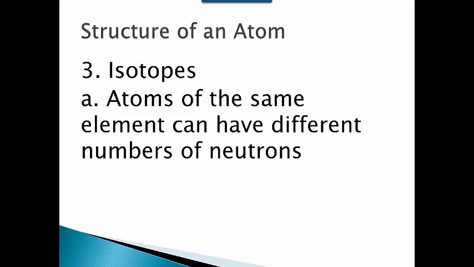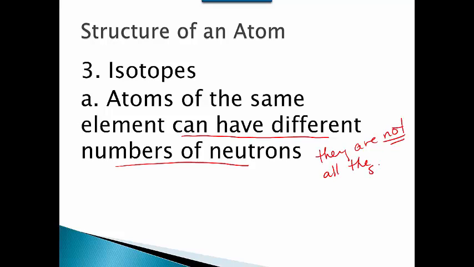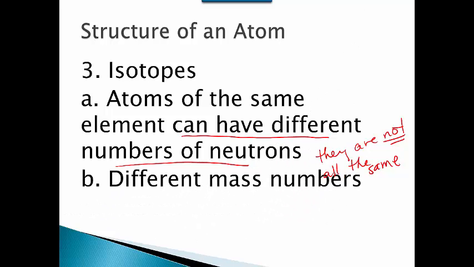This says atoms of the same element can have different numbers of neutrons. That means that they are not all the same, and therefore Dalton's second idea that says that all atoms of the same element are the same is proved incorrect here. Because they have different neutrons, they are also going to have different mass numbers.